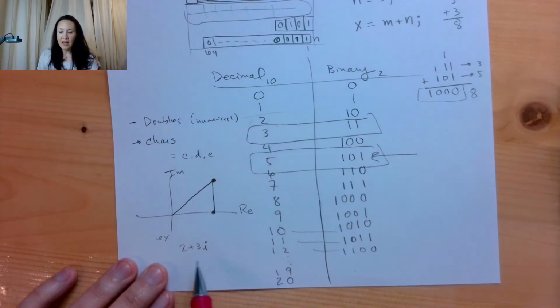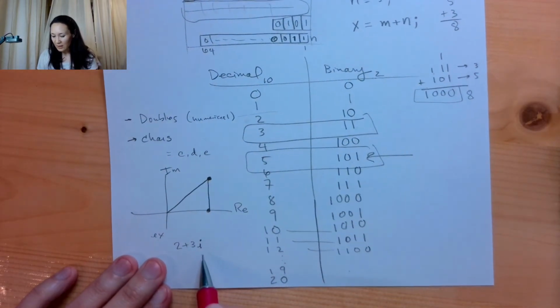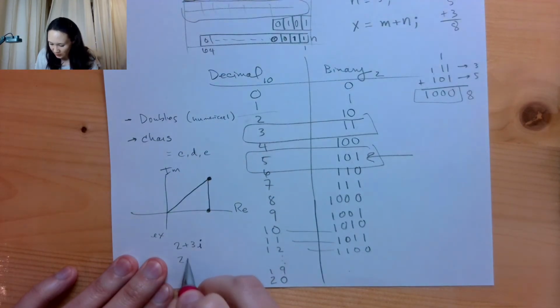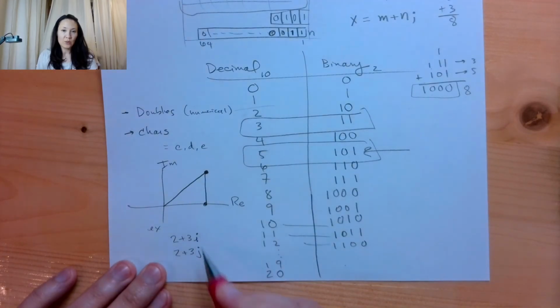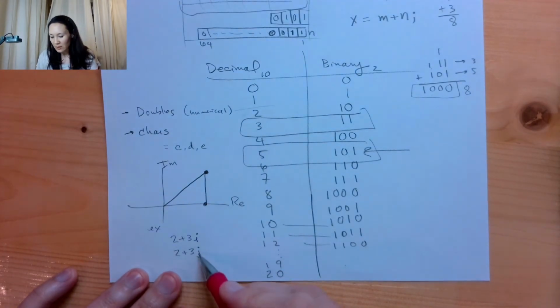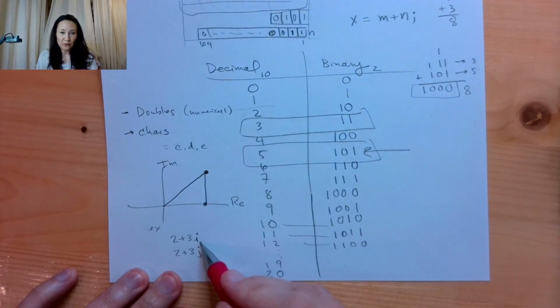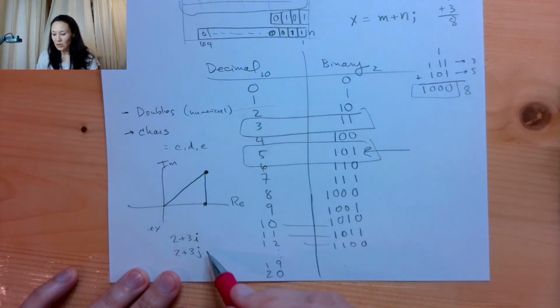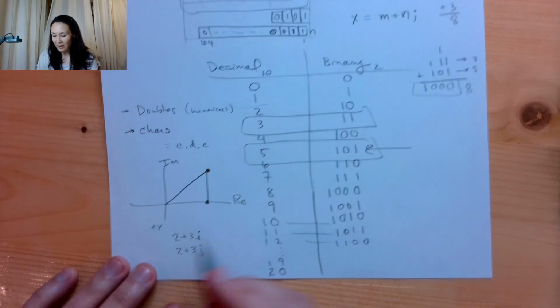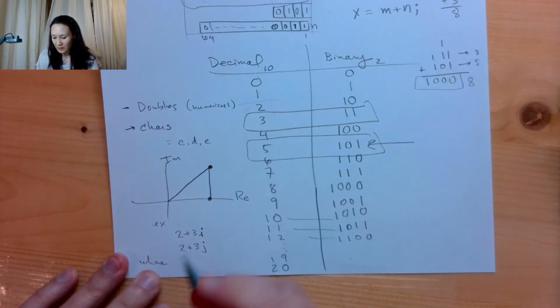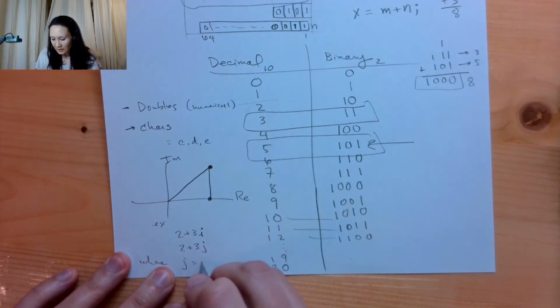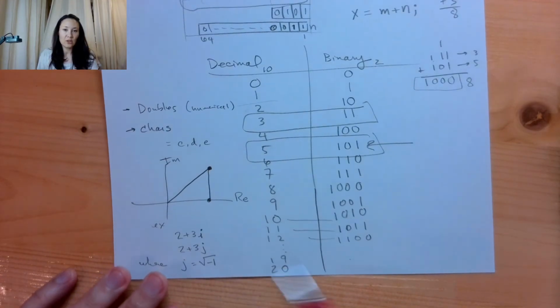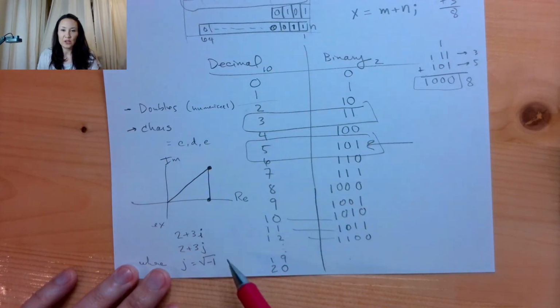Now, as engineers, instead of an i, we can also use a j. The reason why is that in the world of engineering, we usually reserve i to mean current, like current in a circuit. And so electrical engineers use j instead of i, where j is equal to the square root of -1, just like the regular mathematical definition of i.